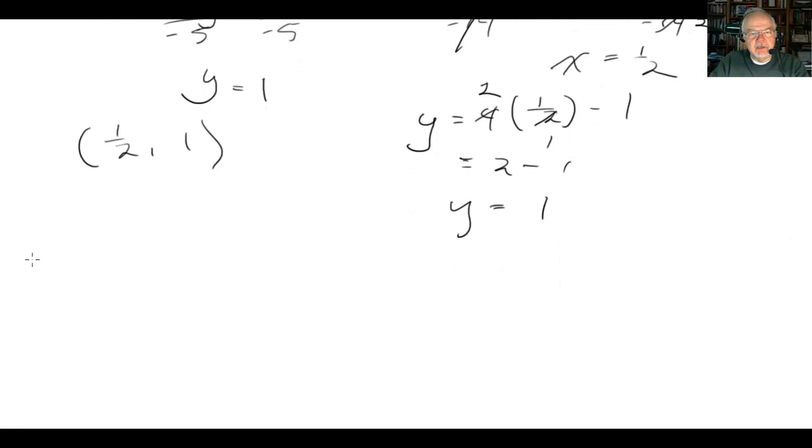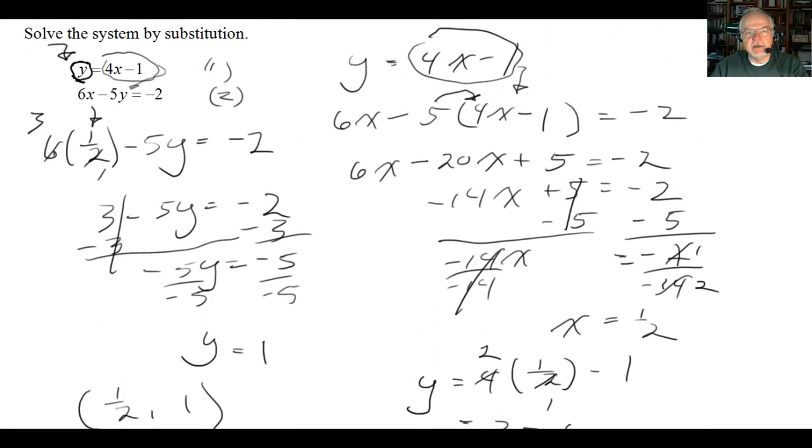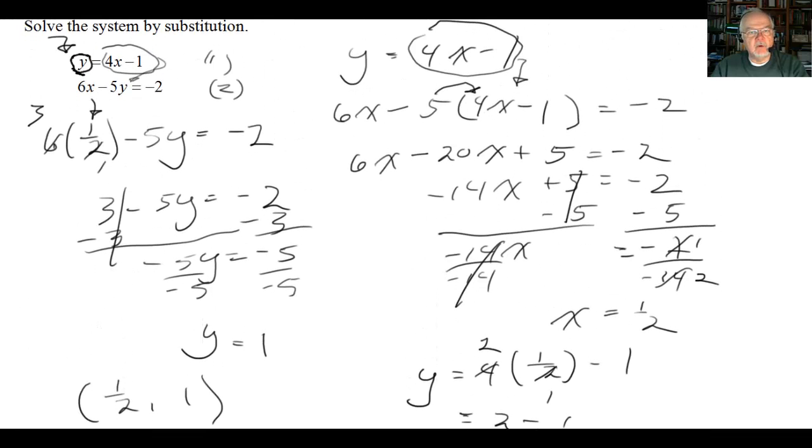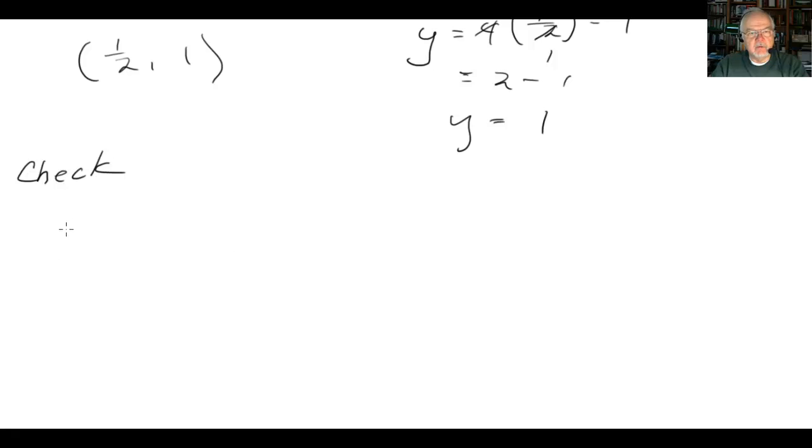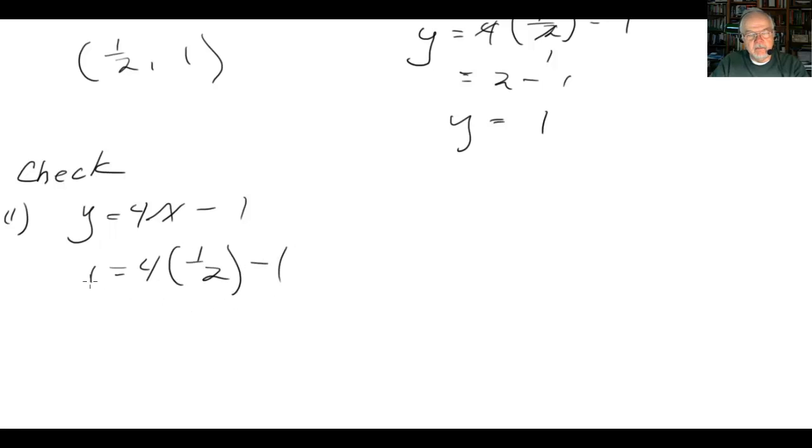So I get the same answer regardless. And of course, what you want to do now is you want to check. Alright, does that solution work for both equations? So let's go up and check equation 1. Equation 1 is y equals 4x minus 1. So we're going to substitute in 1 for y equals 4 times 1/2 minus 1.